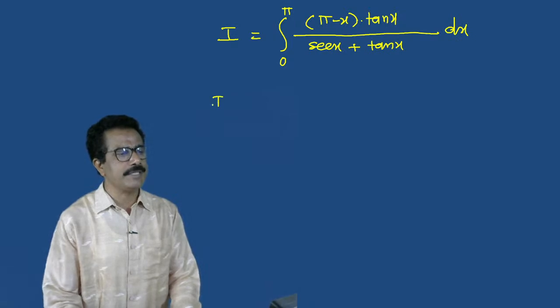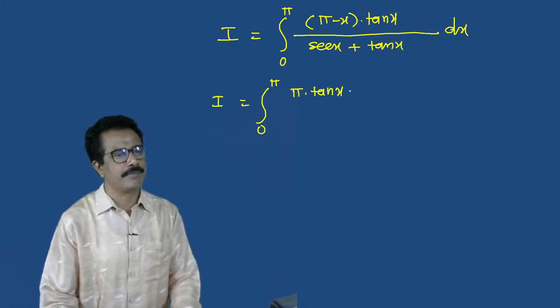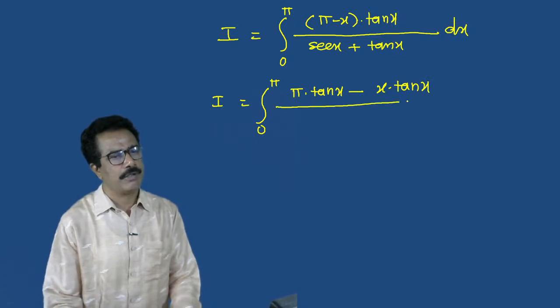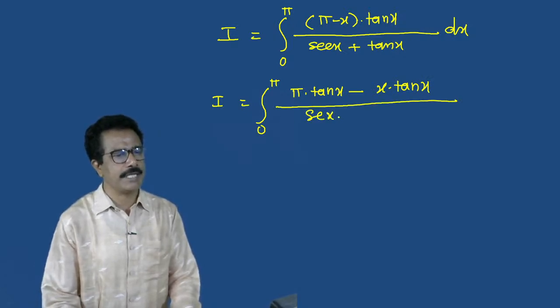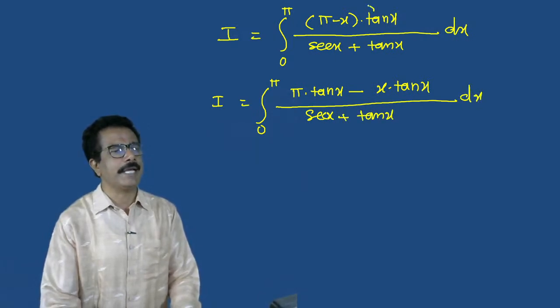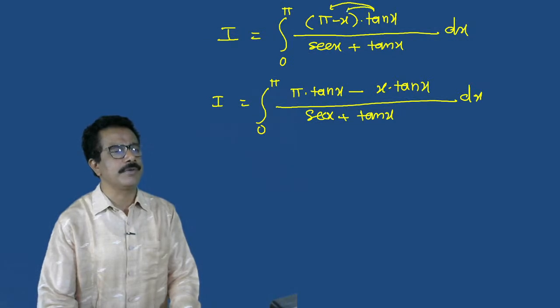Now multiply by this: the integral from 0 to pi of pi into tan x minus x into tan x divided by sec x plus tan x dx. Yes, multiply, you can multiply by this.